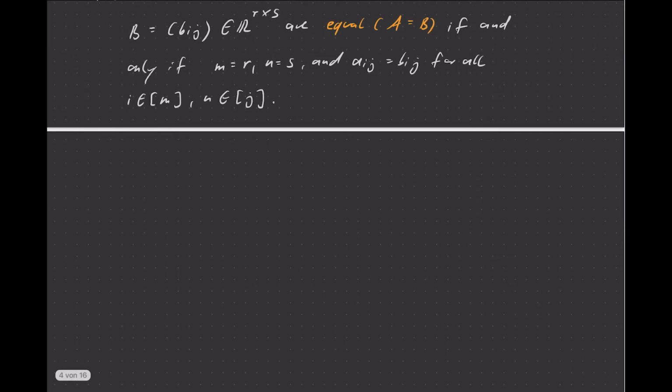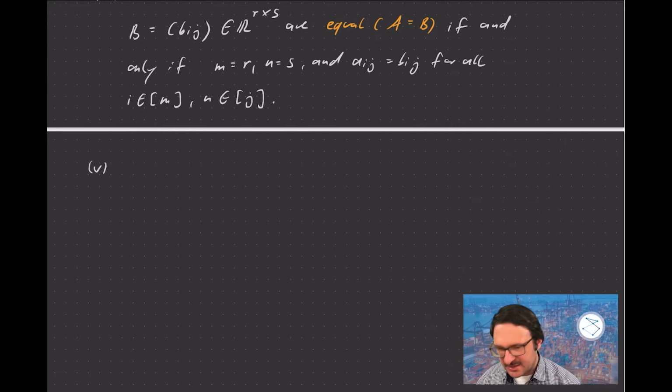Now there's a set of matrices that is special in one aspect, in that it has the same number of rows and columns. Matrices of this kind will appear fairly often, that's why they deserve their own name. A matrix that has the same number of rows and of columns will be called a quadratic matrix.